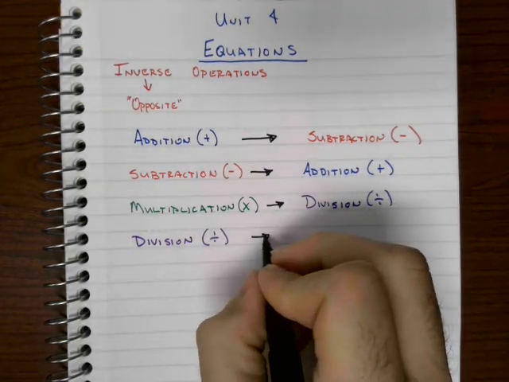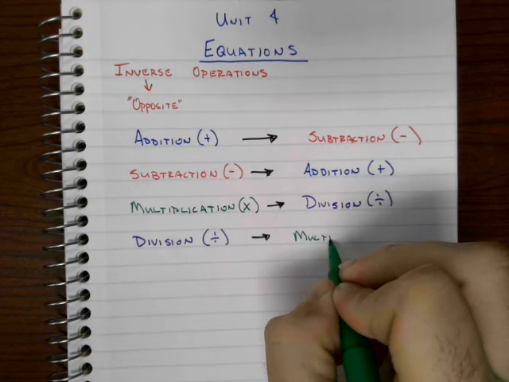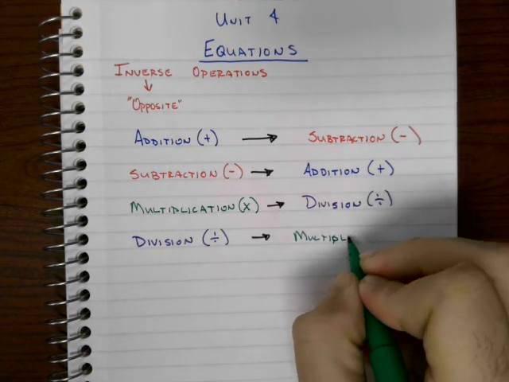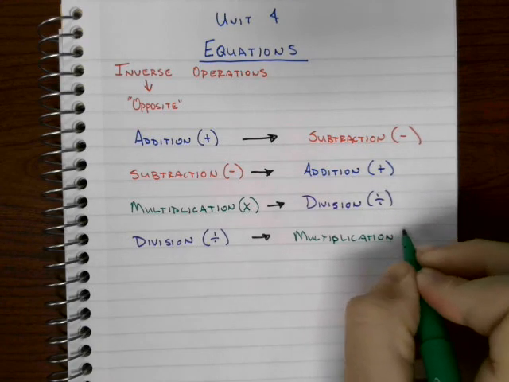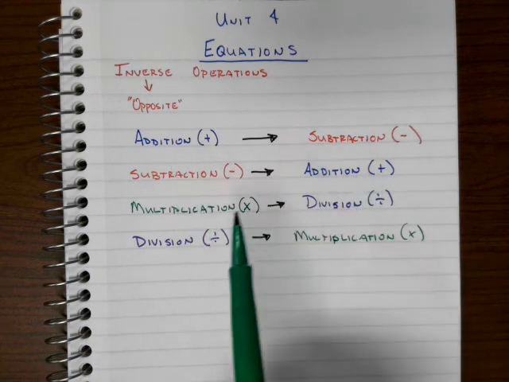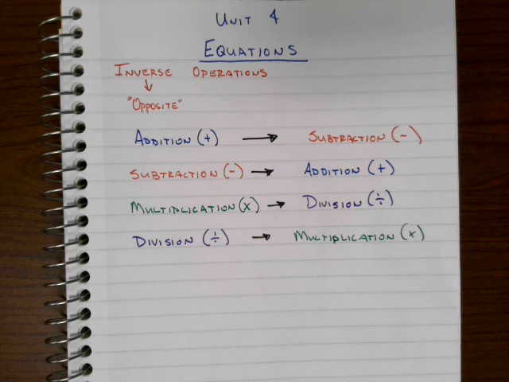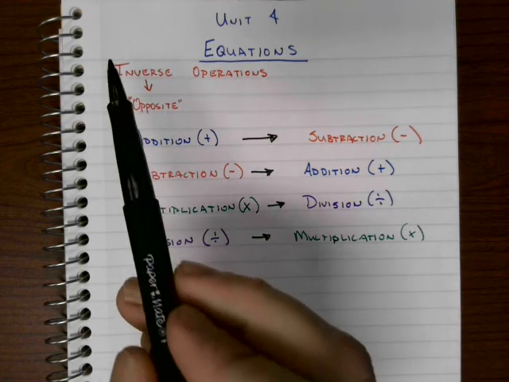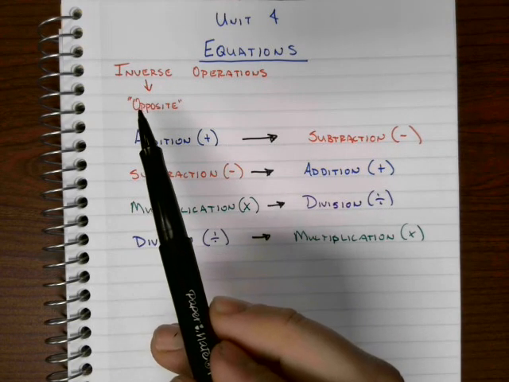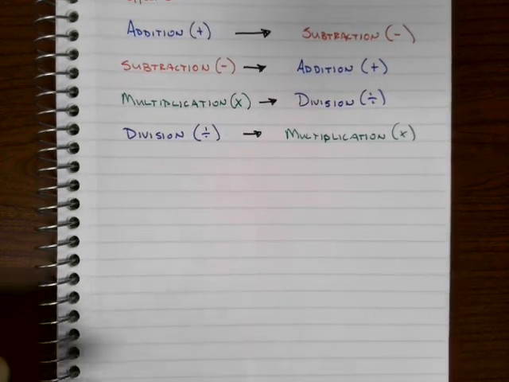So we need to make sure we understand our opposites and what are opposites of each other. Addition, subtraction, subtraction, addition, multiplication, division, division, multiplication. These are all opposites, and these are how we solve equations. So to solve equations, we use inverse operations, which is the opposite. So we're going to go ahead and dive in here and start on some examples.